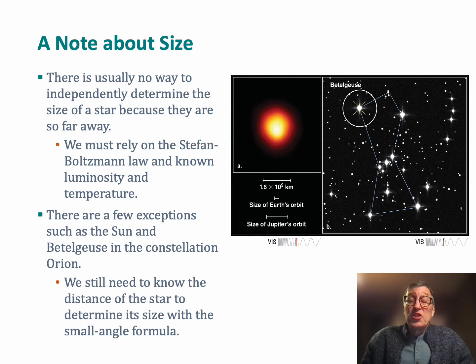And because it's a red giant star, and it's close enough, we can actually measure the diameter of Betelgeuse. But for most stars, we'd like to know how big they are, but we can't measure them because they're so far away. So we can use the Stefan-Boltzmann law along with the distance to the star to determine the radius or the diameter of the star.